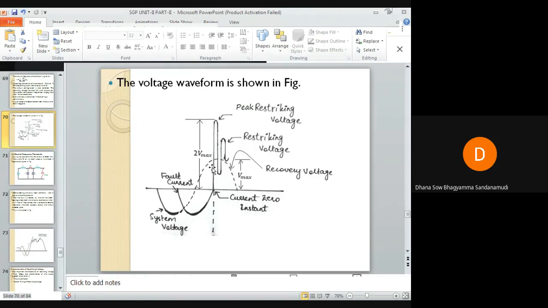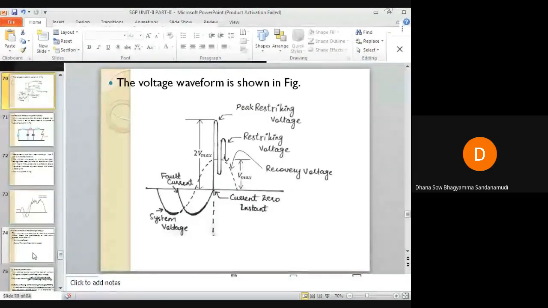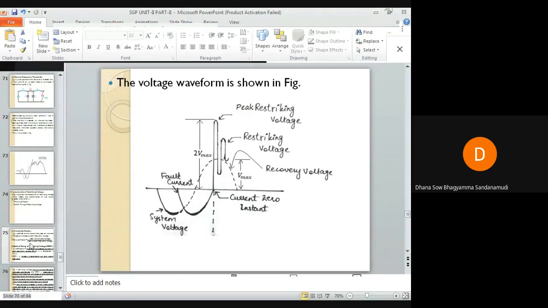System frequency means normal frequency, you should not get confused. This is about the amplitude factor, which is the ratio of the peak of the transient voltage and the peak of the normal frequency voltage, in my words.